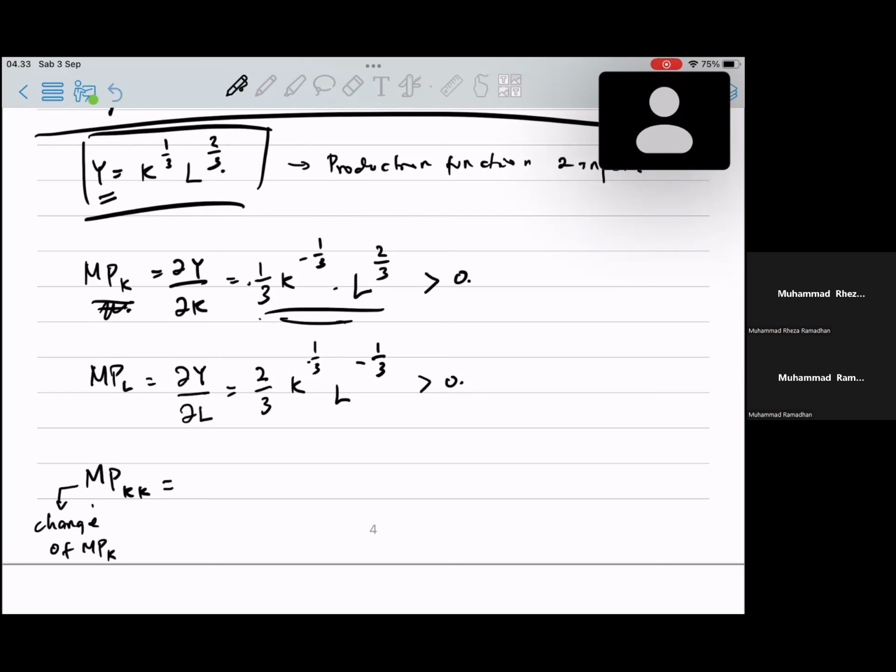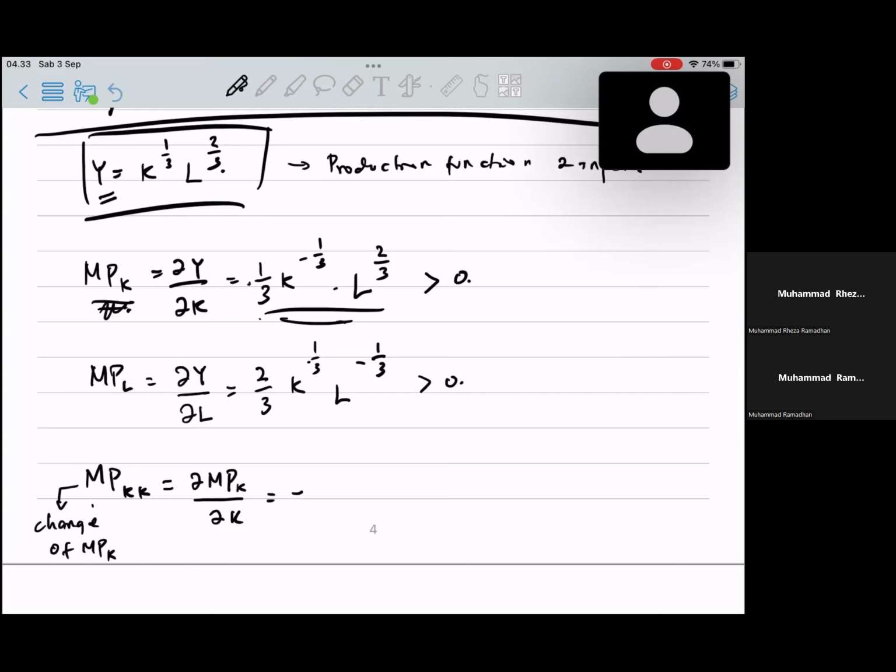So MPKK is the change of MPK if you add one more K. So it's equal to ∂MPK over ∂K.